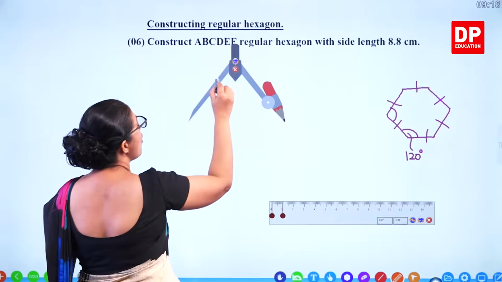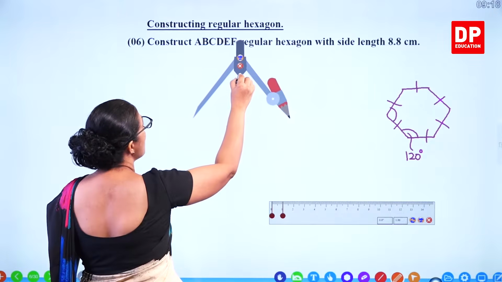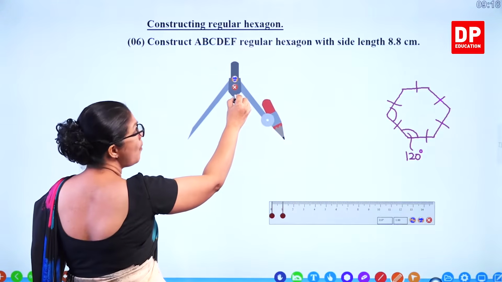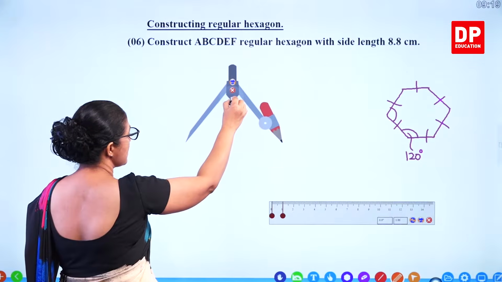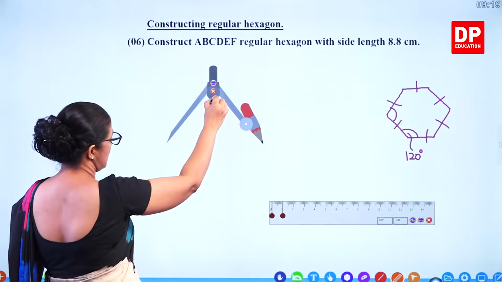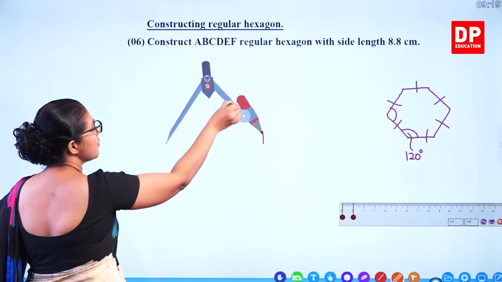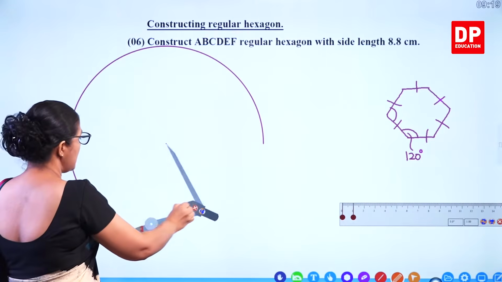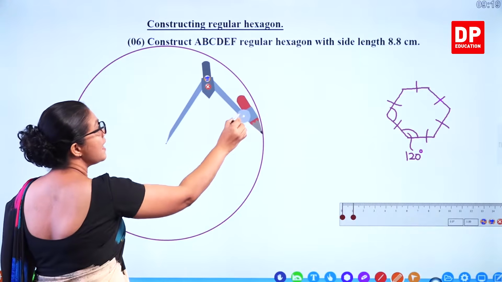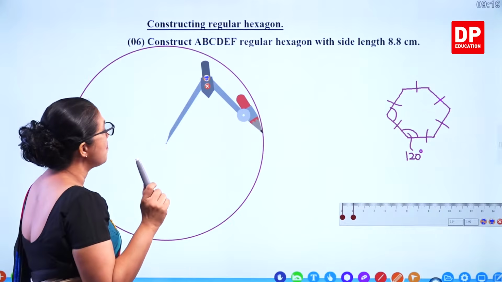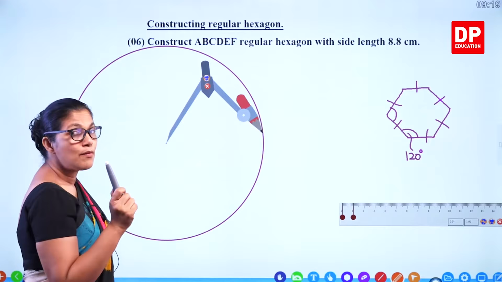So you can draw the circle now. So the radius is now 8.8 centimeters. So we'll draw a circle with radius 8.8.